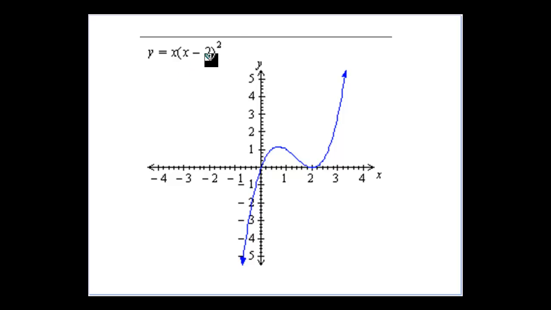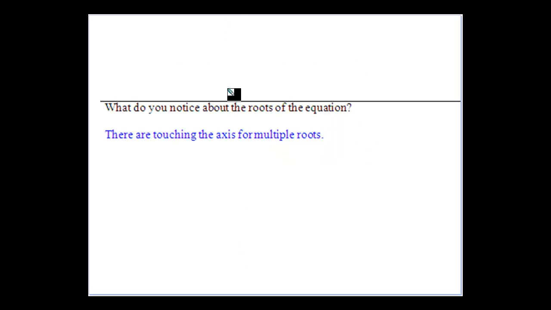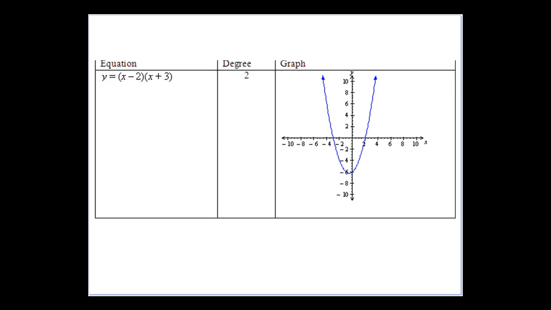Again, here's our double root at x is equal to 2, and it's also got another root at 0, and we've got our shape of the curve. So notice about roots of the equation, for multiple roots, they're touching the axis. That's what we want to really pick up about those ones there.